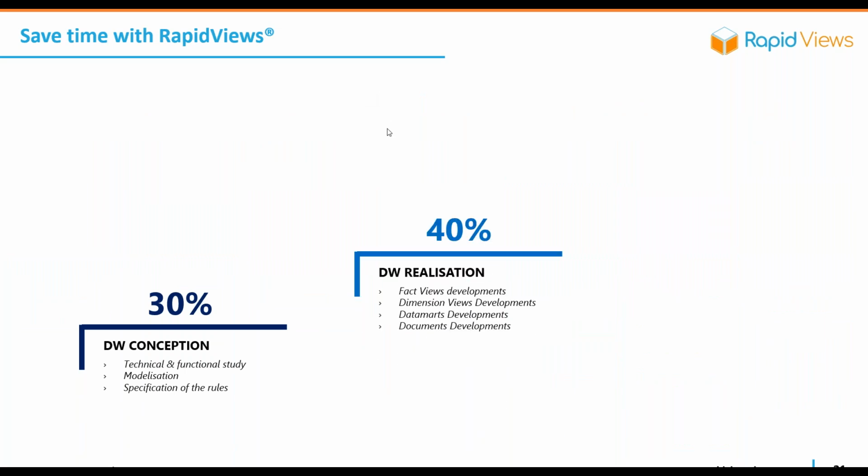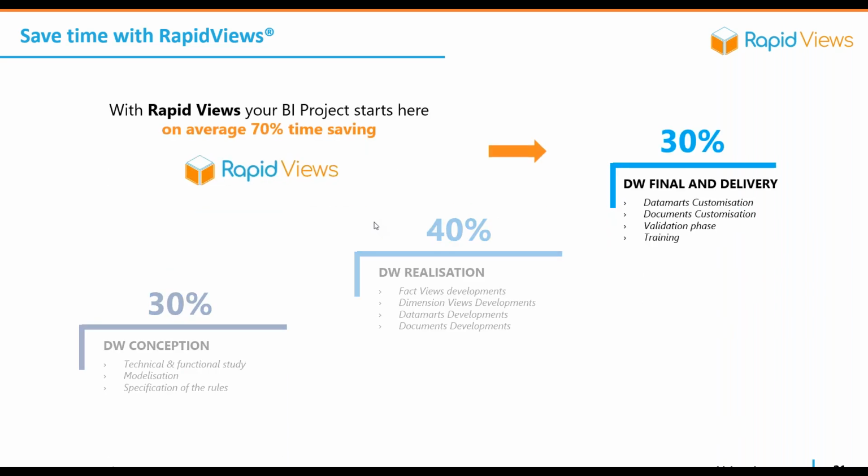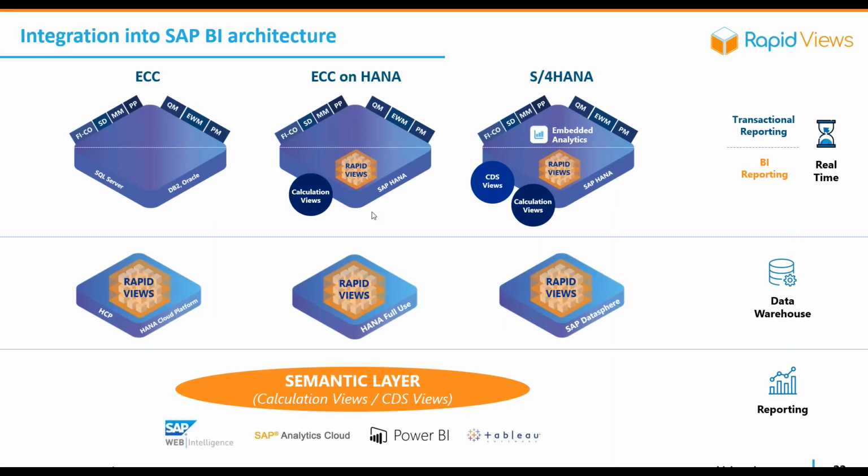So thanks to RapidViews, when you start a new project on your S4HANA platform or on your SAP Datasphere platform, you don't start from a blank page. You will have this predefined package, and you will gain at least 70% of your time, because this pre-package allows you to accelerate your project.